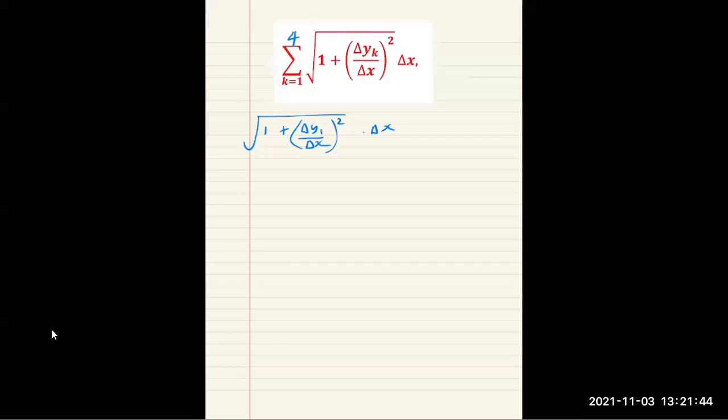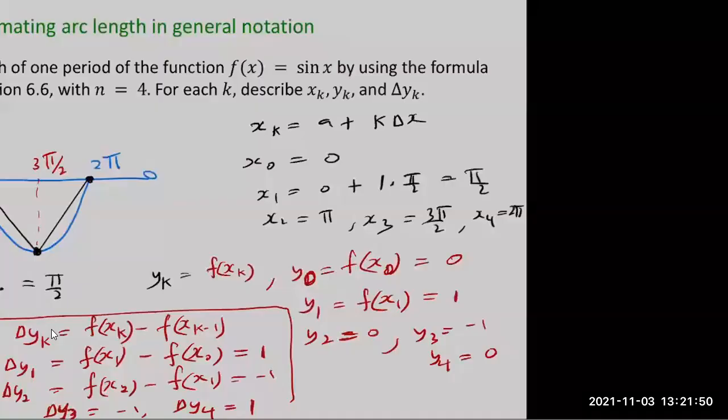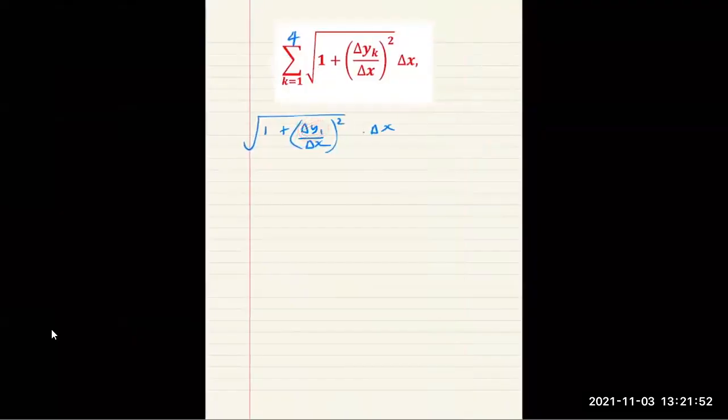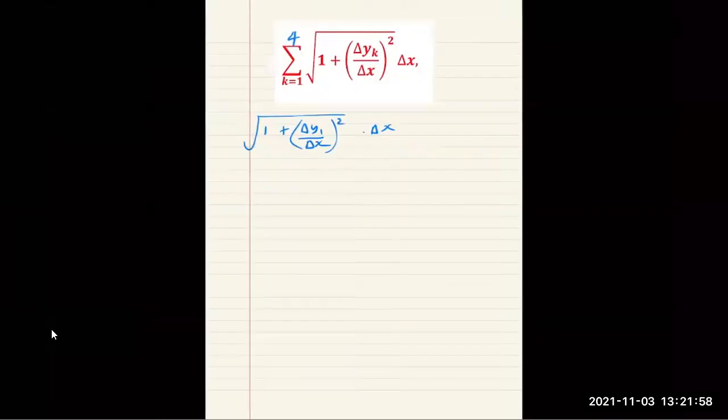Of course, you know all these quantities. Delta y1, you found it. Delta y1 is 1. Okay, so you can put 1 here. Delta x is, of course, pi over 2. Okay, you also found that. You can plug in delta y1 here, plug in delta x here, and then you can compute this value.